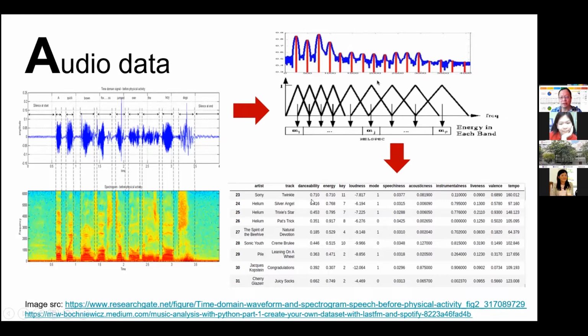This song would give us danceability, meaning this song can be danced to, or the energy level of this song, or whether it contains speech, human speech, or any instrument. Once we have this kind of table, then a data science algorithm can process it. In data science, we can process data only if they are numbers. If the data are not numbers, then we transform them into numbers before we process them.